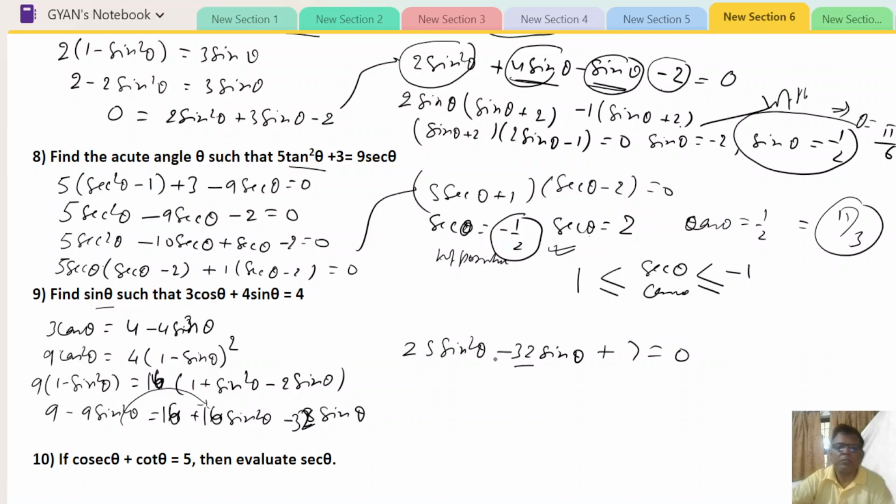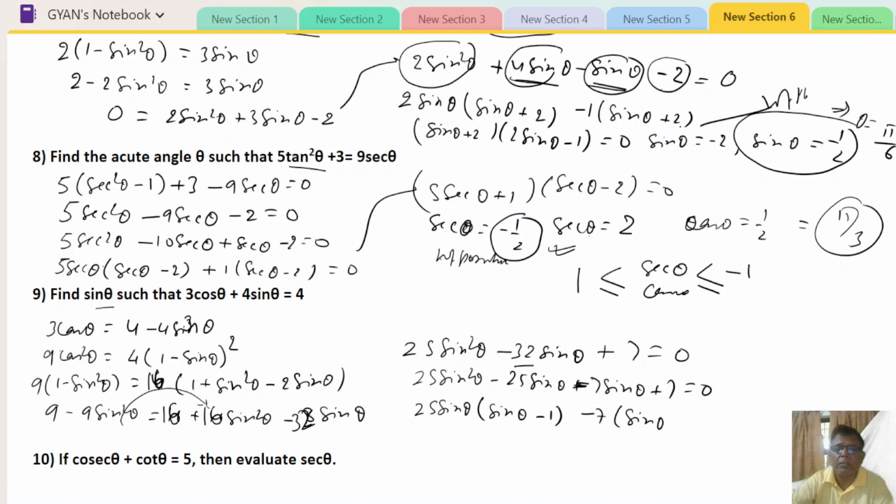So 25 into 7, simply split it: minus 25 sine theta minus 7 sine theta plus 7 equal to 0. Now take 25 sine theta common, then sine theta minus 1; here take minus 7 common, then sine theta minus 1 equal to 0.